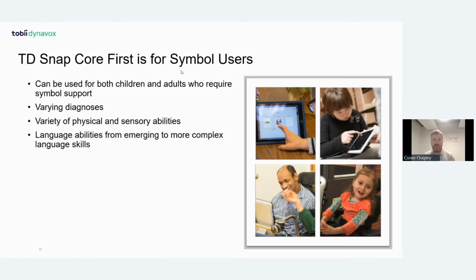The key feature is that for you as a support person, or as a parent or whoever it may be, the software is the same across all platforms. That's really encouraging, and it's one of the only AAC software packages that is identical on both iOS, which is Apple devices, and Windows devices.